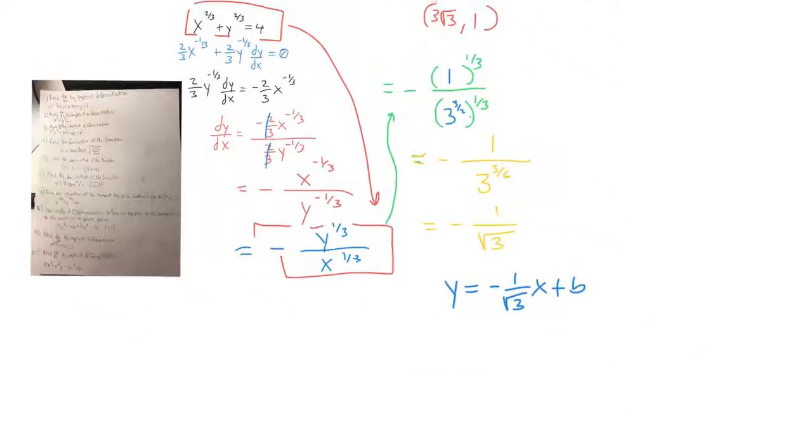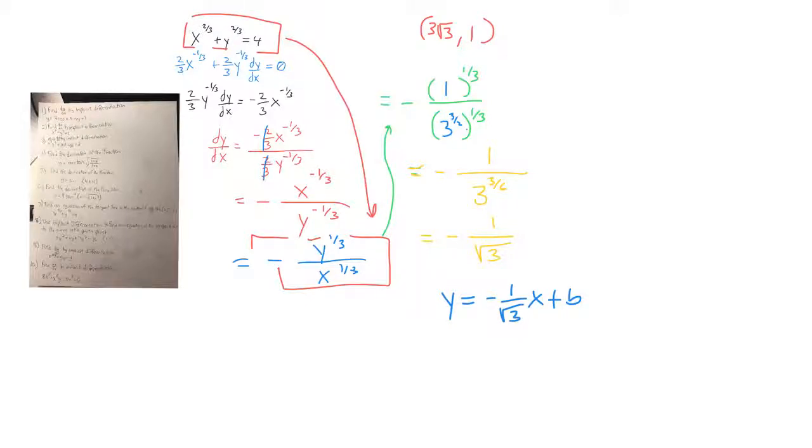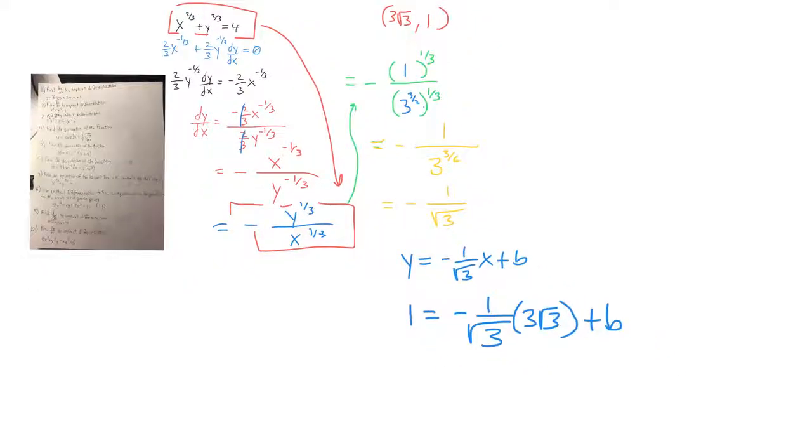Well, clearly you find b by replacing y with 1 and replacing x with 3 radical 3 in this case. And then you say plus b, and we notice that there's a lovely cancellation, and we end up with 1 equals negative 3 plus b, and then b therefore equals 4.